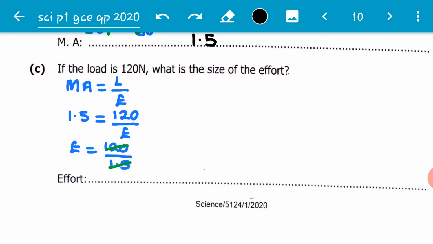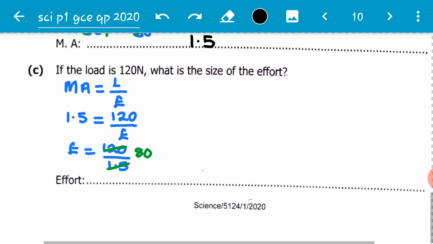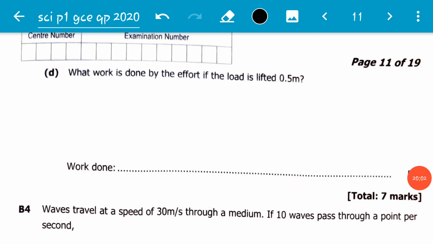After manipulating this, making E the subject of the formula, we are going to have 120 divided by 1.5. 1.5 into 120 is 80. Remember, effort is a force, so it is going to be 80 newtons. Never forget the units. Always remember.